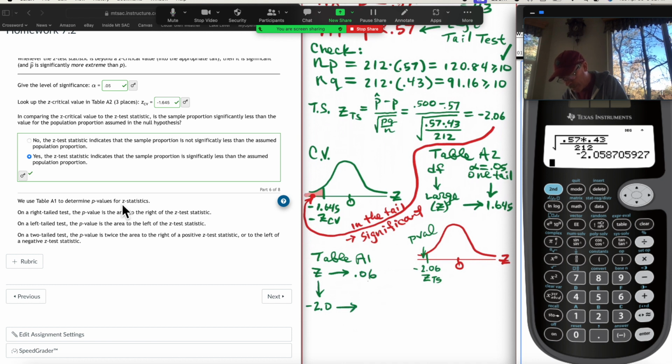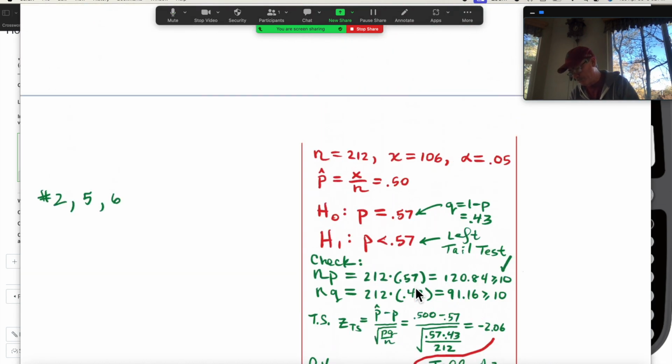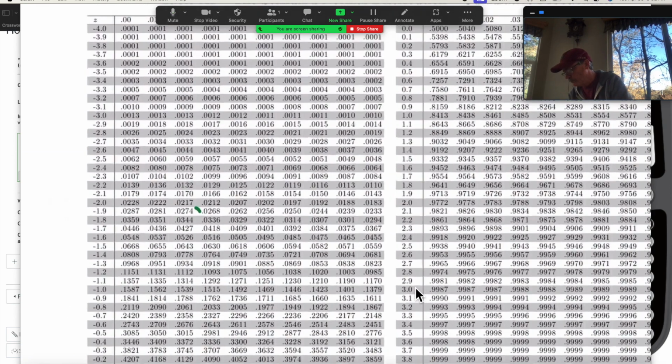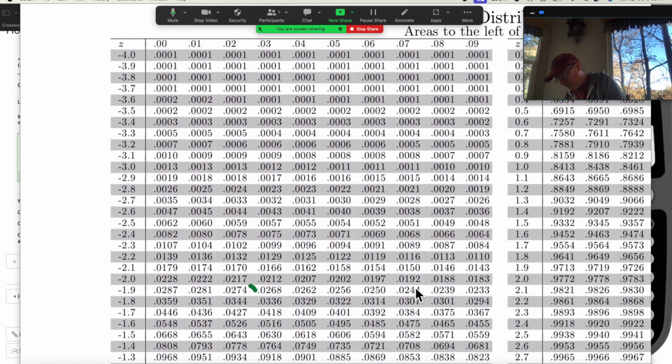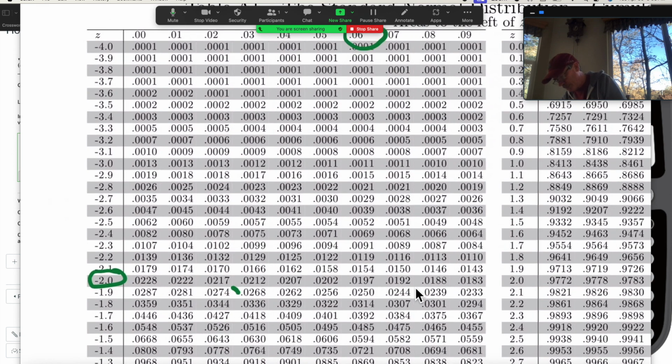Okay, like that. And let's see what it says. So real quickly, I'm going to bring that table up here, and we'll just highlight it here, negative 2.0, 0.06.